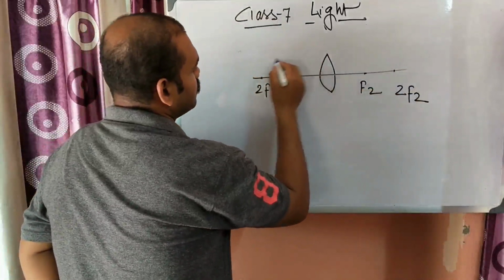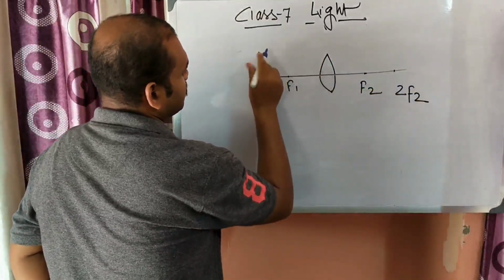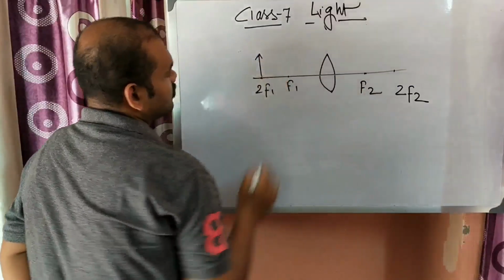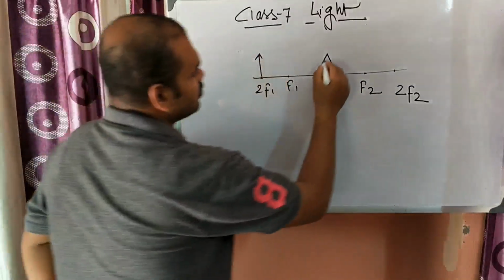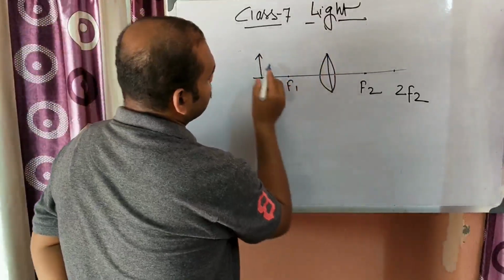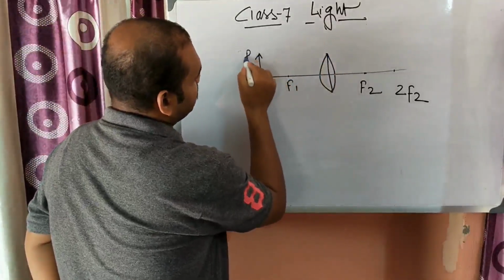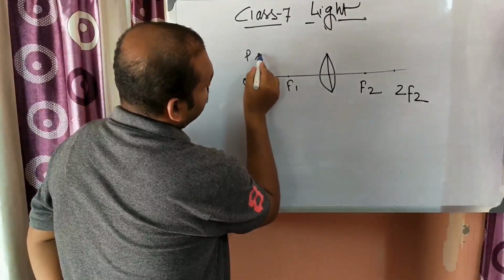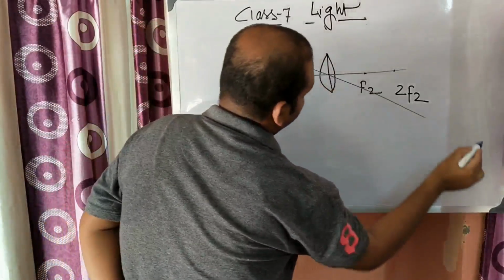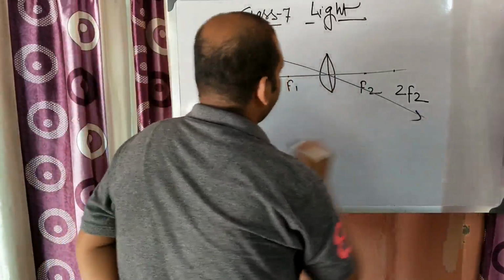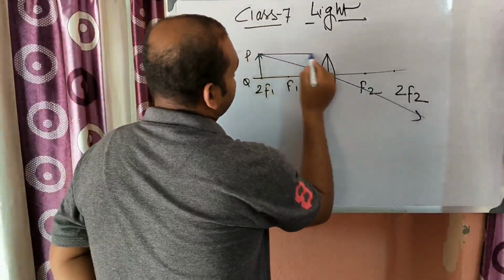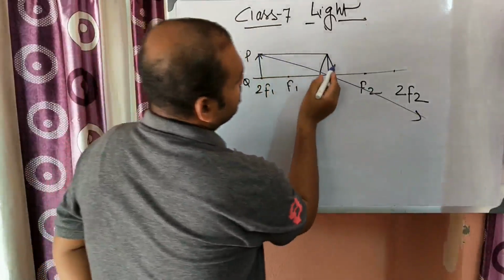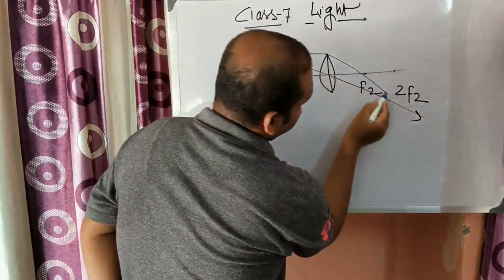So it is placed at 2f, double of focus. So this is the optical center. A ray which is coming from here, directed towards the optical center, will pass undeviated, so it goes like this. And another ray which is parallel, after refraction it will go like this.